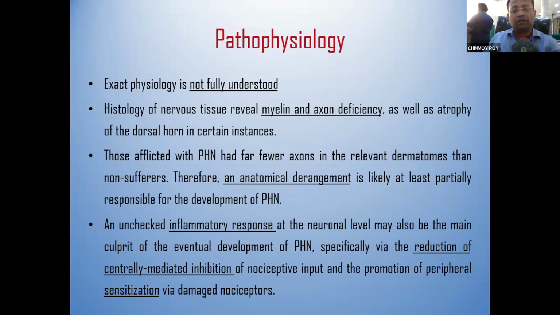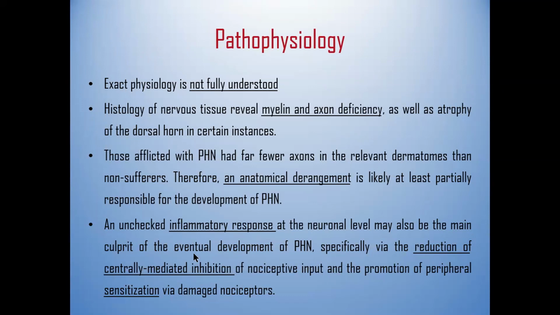Physiological derangement causes neuropathic pain, but in this case some anatomical derangement has also been found. Another school of thought is that an inflammatory response at the neuronal level is the main culprit of eventual development of post-herpetic neuralgia, specifically via the reduction of centrally mediated inhibition of nociceptive input.